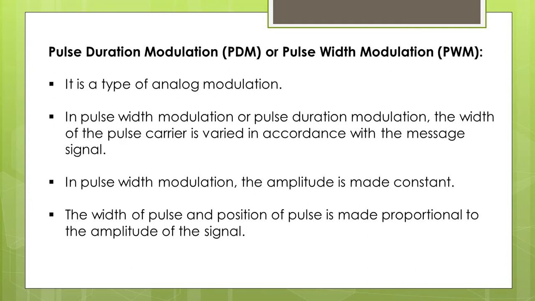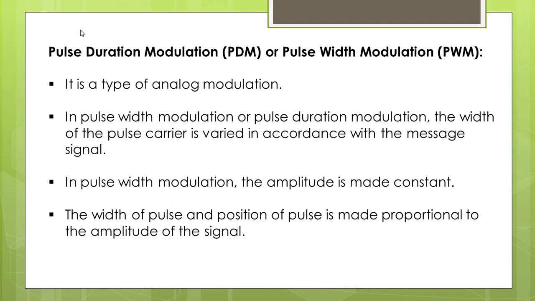Another name for pulse width modulation is pulse duration modulation. In pulse width or pulse duration modulation, the width of the pulse varies according to the amplitude of the message signal. Here the message signal is a sine wave.